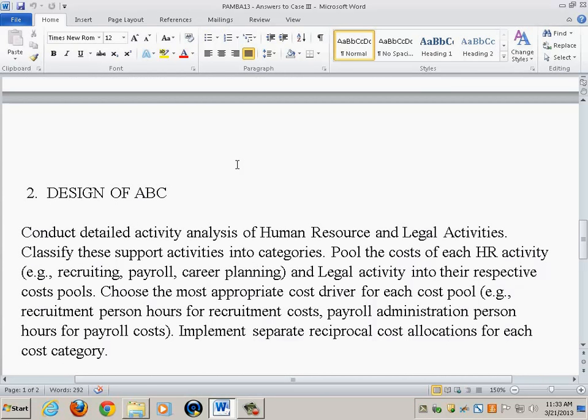Okay, the second requirement was to say how, if you remain with this problem of allocating human resources and legal activities, supposing you use the reciprocal method, you expand the system by designing activity-based costing. Now, the idea here is very straightforward.